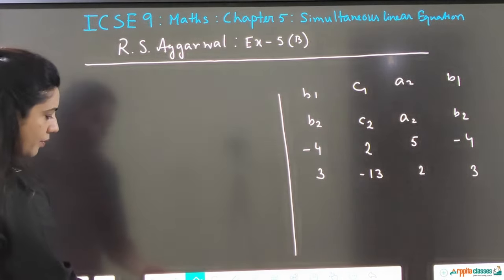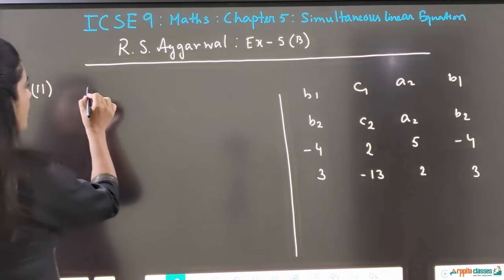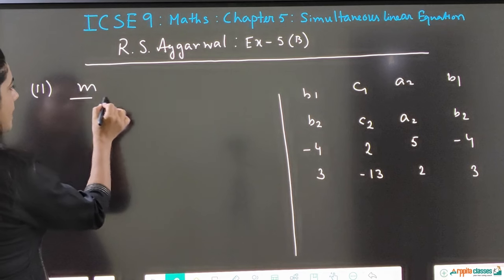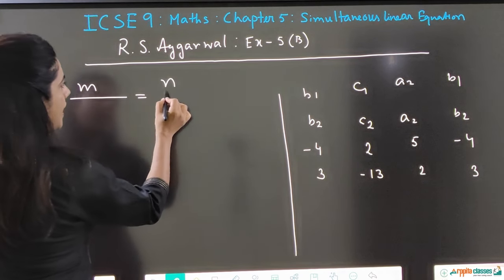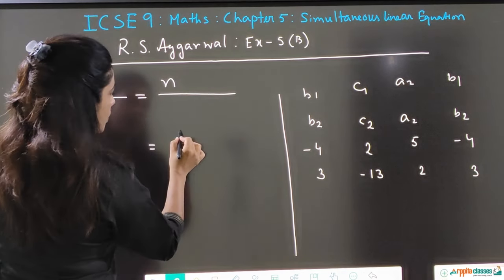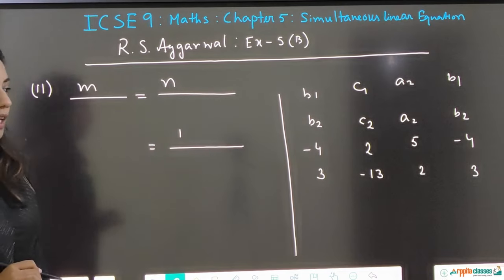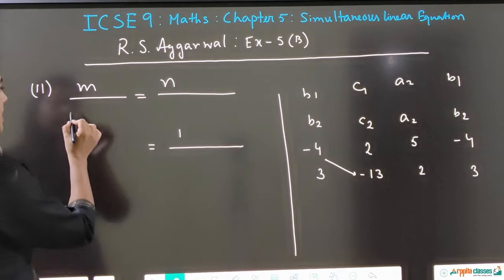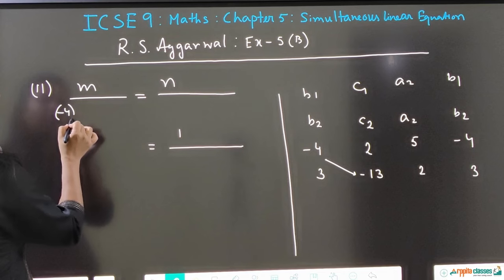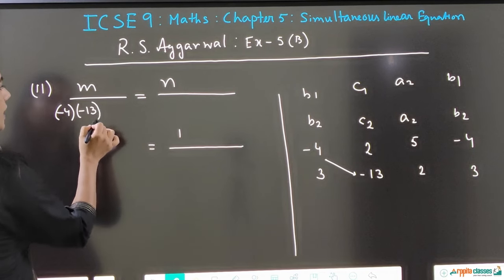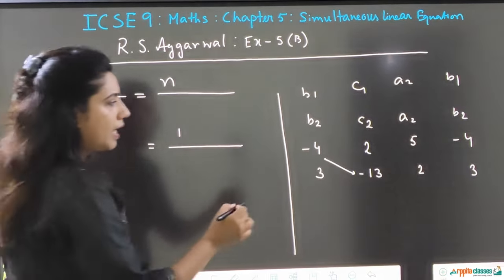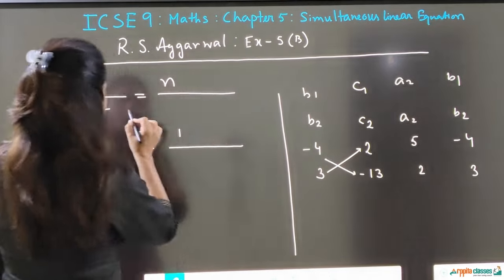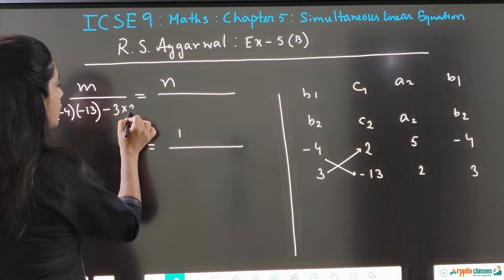So now we are going to write m upon something. We took the variables as m and n. So m upon something, n upon something, and is equal to 1 upon something. So when we write m upon something, it will be minus 4 into minus 13, then there will be a minus in between, and then 3 into 2.